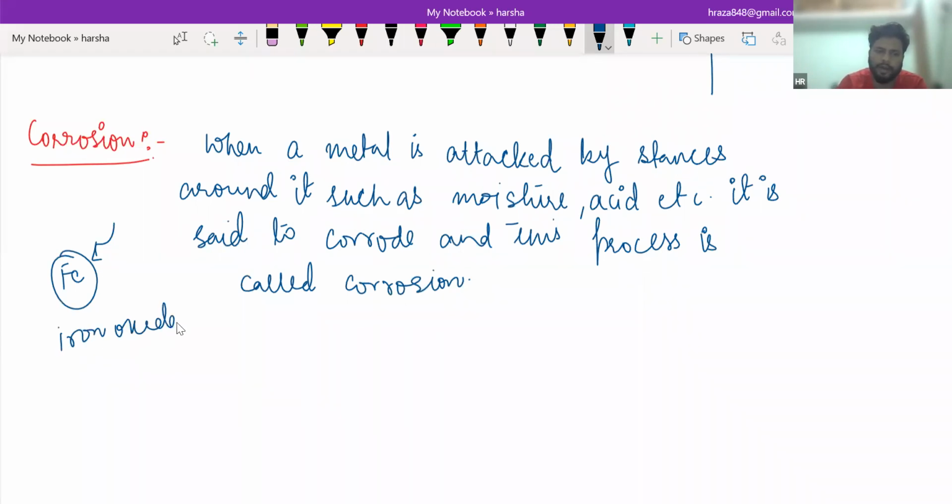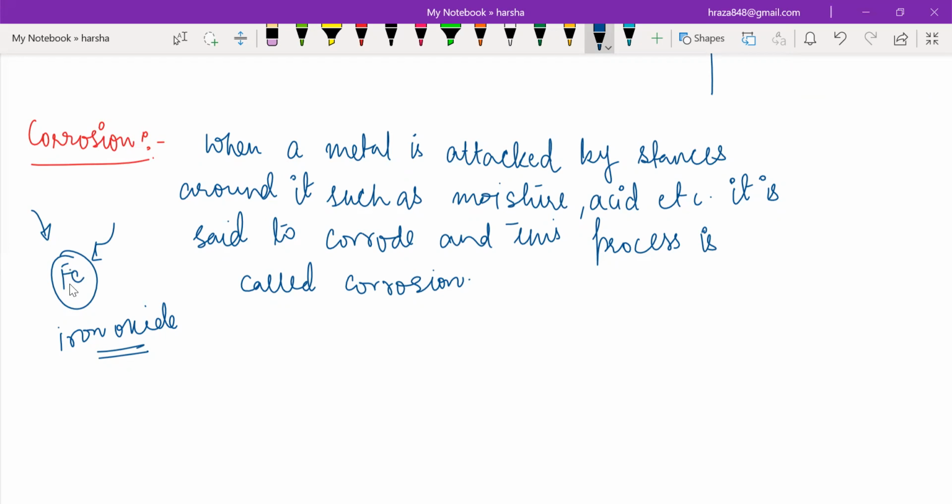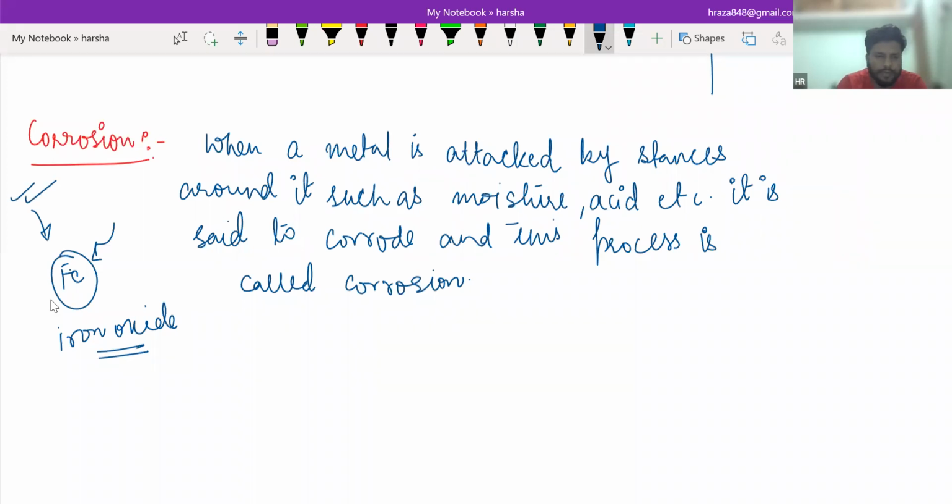We already know that elements are less stable, apart from helium and the noble gases, because these elements have not fulfilled their outermost shell. That's why they react with oxygen, and when moisture or acid attacks them, they form oxide and become more stable. So this is called corrosion.